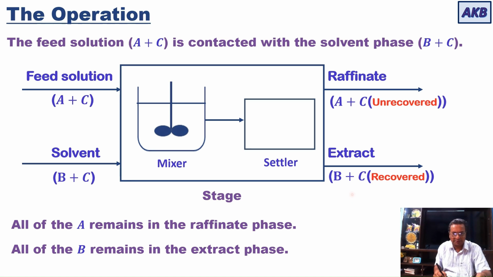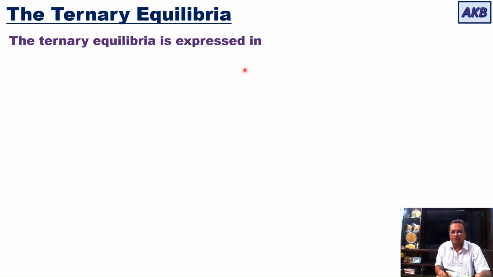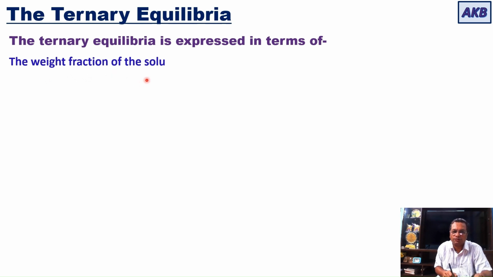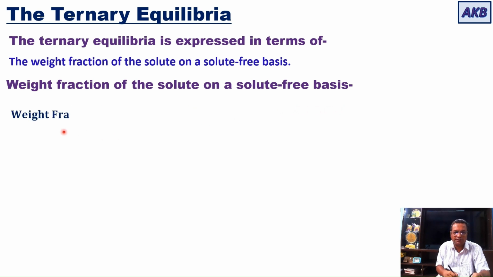Let us understand. The ternary equilibria is expressed in terms of the weight fraction of the solute on a solute-free basis. So here, instead of using weight fractions of the solute, we are going to use weight fraction of the solute on a solute-free basis. Now, what is this concept?